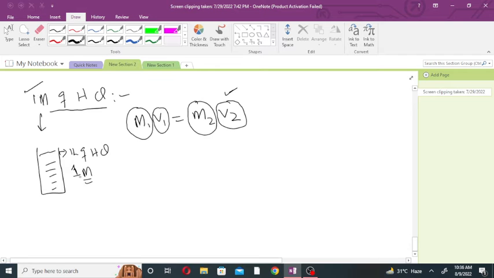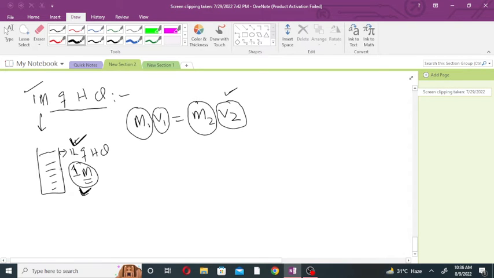So if someone asks you to prepare 1 molar HCl solution whose volume is 1 liter, how can you prepare it?